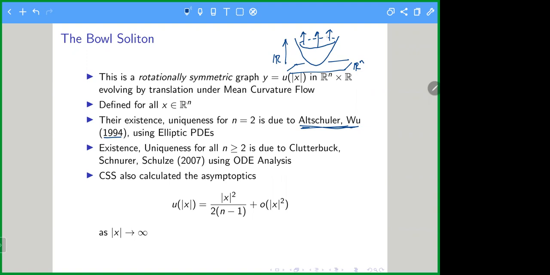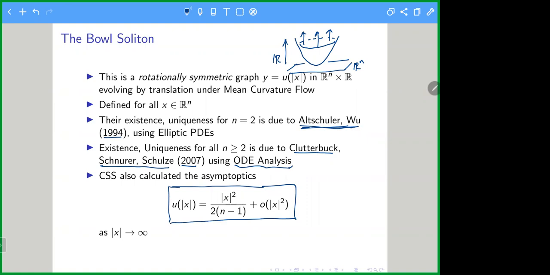But the explicit work on the ones with radial symmetry was done in 2007 by Clutterbuck, Schnürer, and Schulze. Because you have this radial symmetry, they were able to use ODE analysis to actually study this solution. So they get existence and uniqueness for arbitrary dimension, but also, what's interesting, they are able to tell you what the shape of this bowl soliton looks like, at least asymptotically.